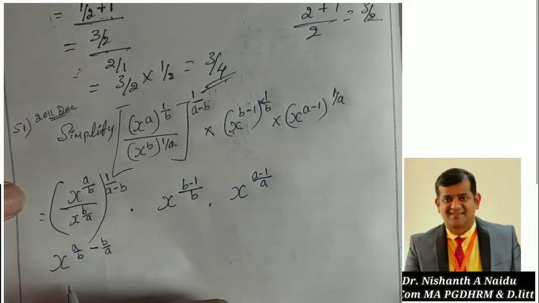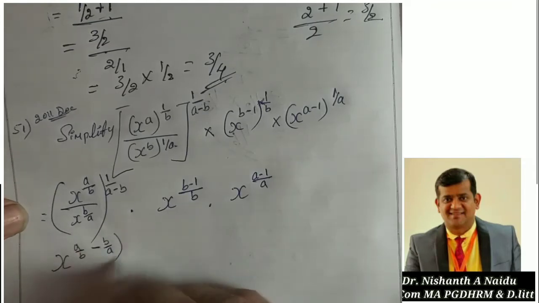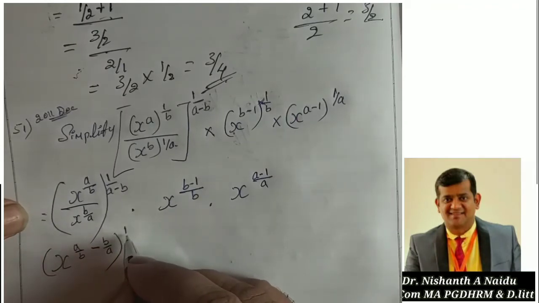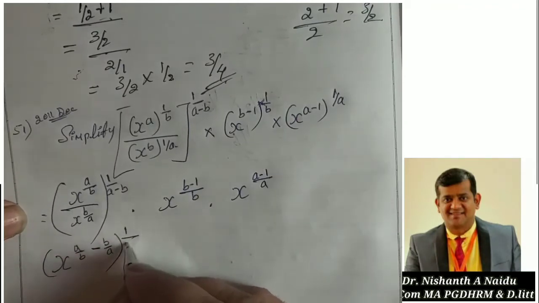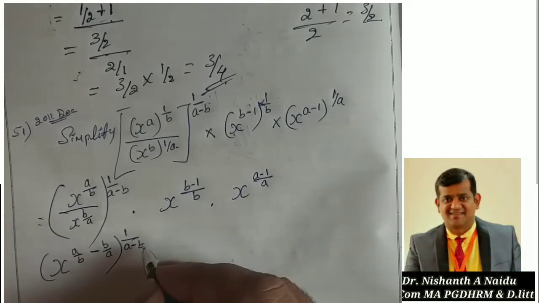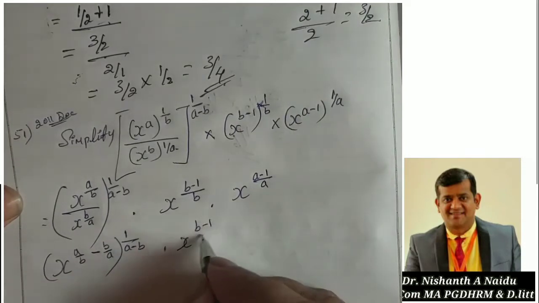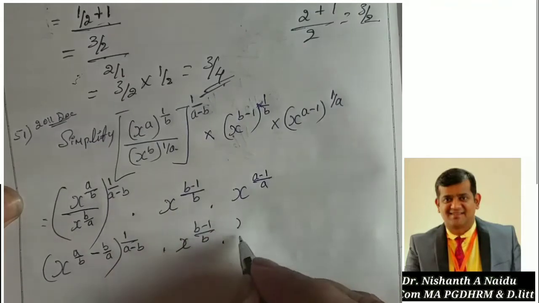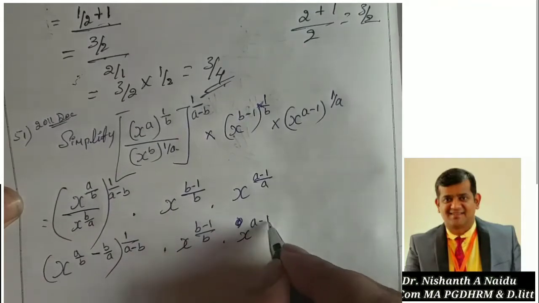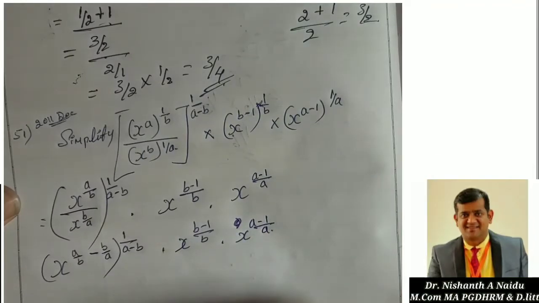The whole power is 1 divided by a minus b, into x to the power of (b minus 1) divided by b into x to the power of (a minus 1) divided by a. Clear? Any doubt? No doubt, right? Then further we have to move.